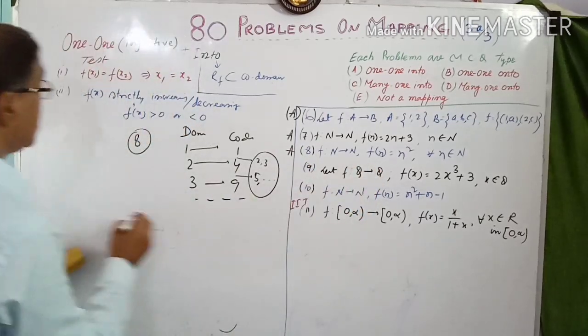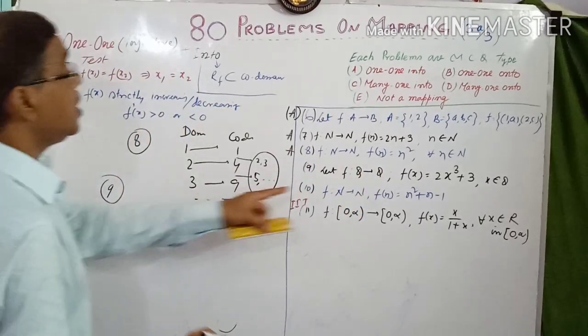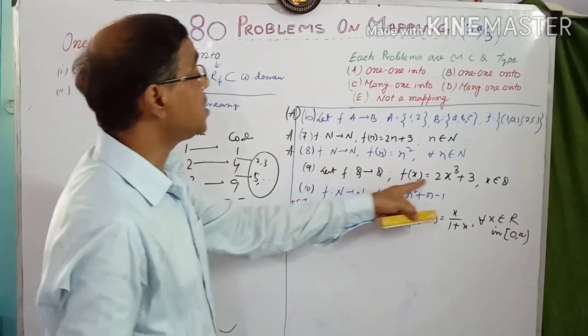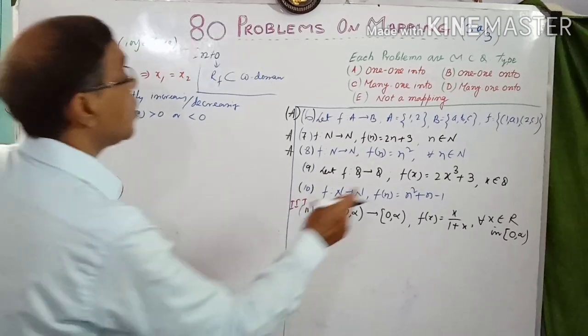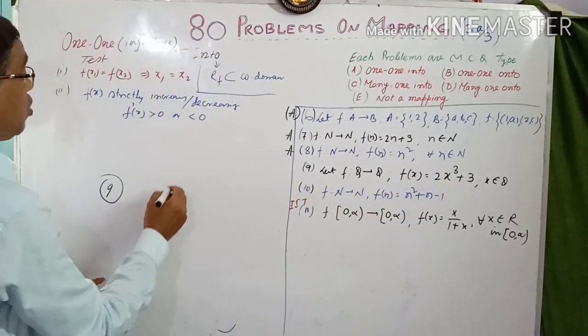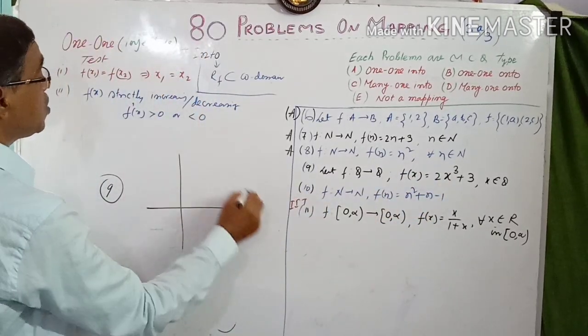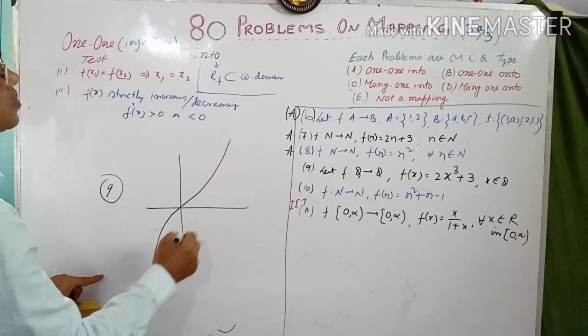In this case 9, f from Q to Q, f(x) equal to this is also 1-1 mapping, because this is of the form this.